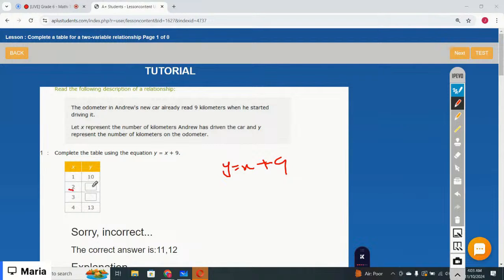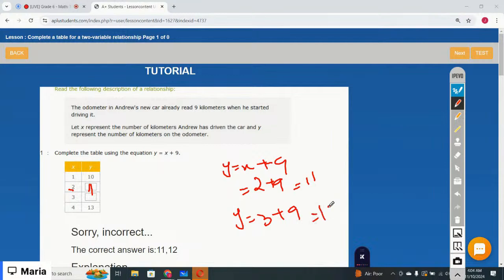You are given x equals 2, you need to find the value of y. So replace the variable with the value, x is 2. So 9 plus 2 is 11. So that means when x equals 2, y equals 11. Okay, when x equals 3, replace x in the equation with 3. 9 plus 3 is 12.